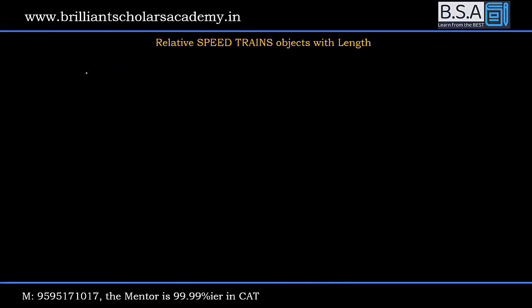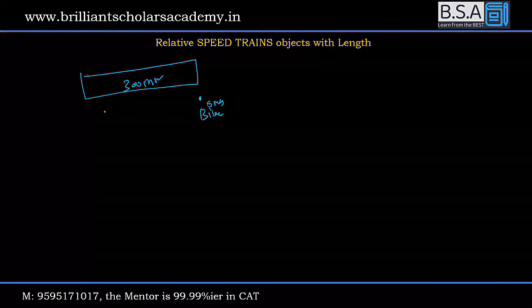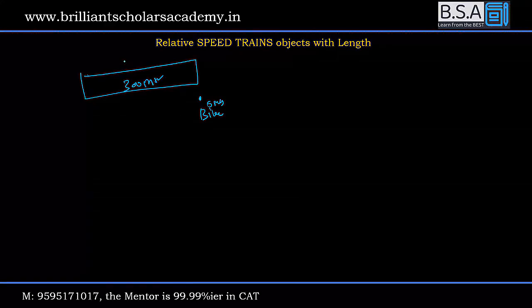See what happens if there's a train of length 300 meters, and there's a bike moving at a speed of 5 meters per second, and the train speed is, let us say, 10 meters per second. There are two possibilities. Maybe the train is trying to overtake the bike, or they are going in opposite directions to each other.